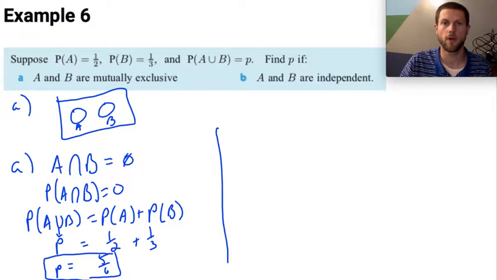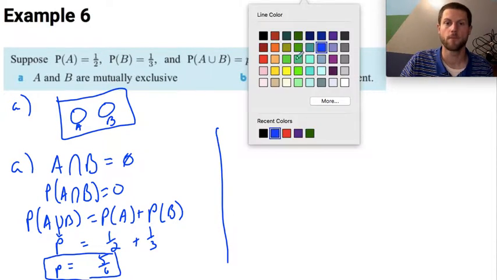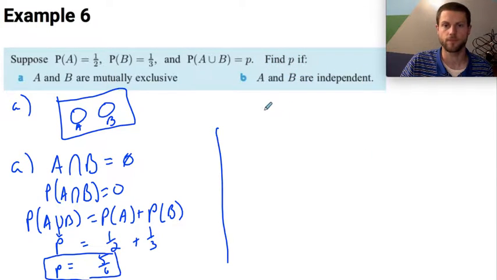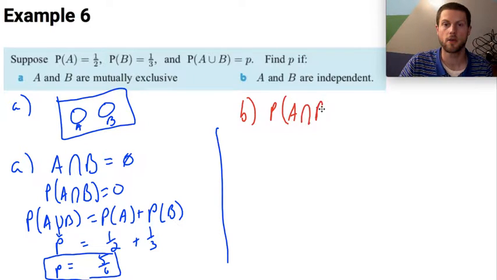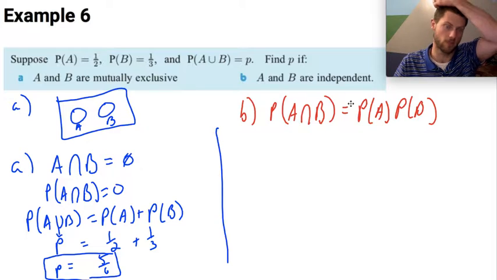If I were to talk about independent events, then I have to use slightly different probability laws. If they're independent, then the probability of A and B is given as the probability of A times the probability of B. This is what we just saw in the previous slide.